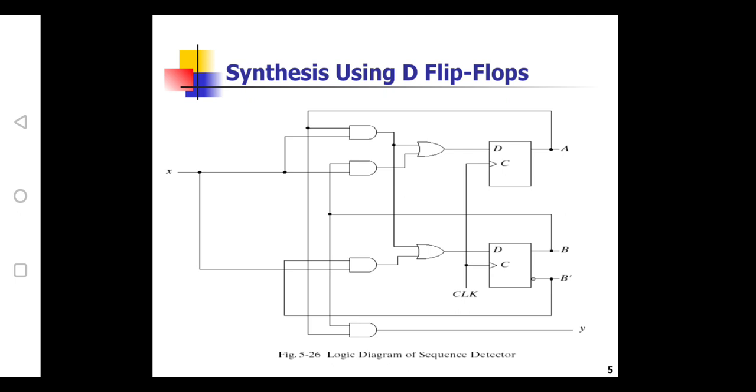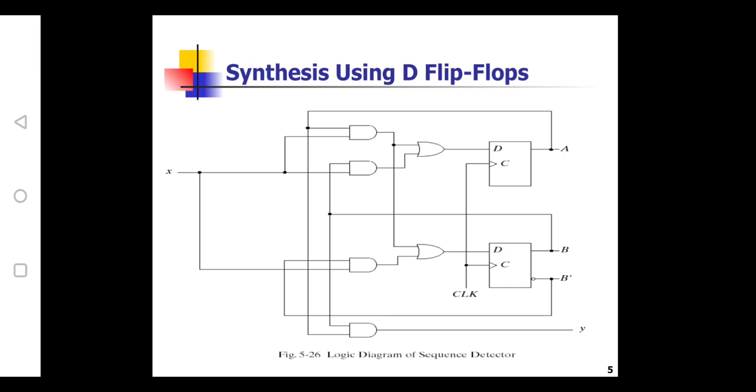But if we are applying the output of one clock as the input of the second clock, then such circuits are called asynchronous. If we compare a synchronous circuit with an asynchronous circuit, synchronous circuits are faster because we apply a common clock for all the flip-flops, so we can get output at the same instant of time.